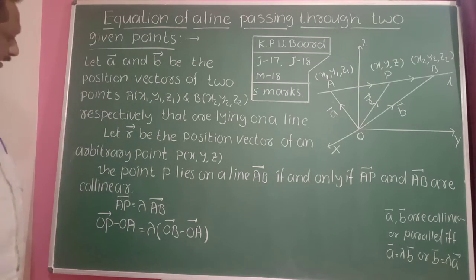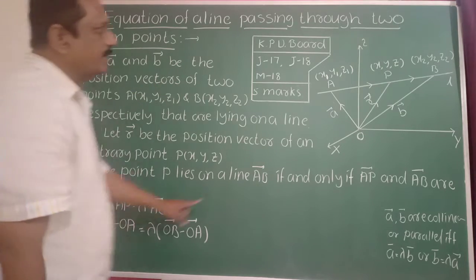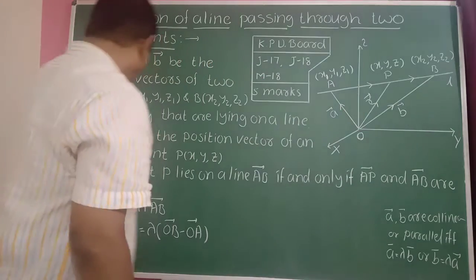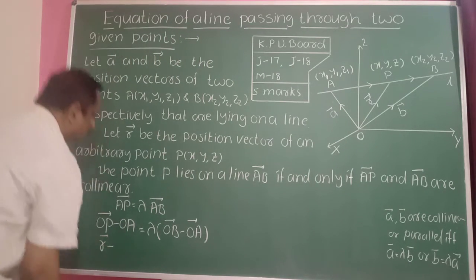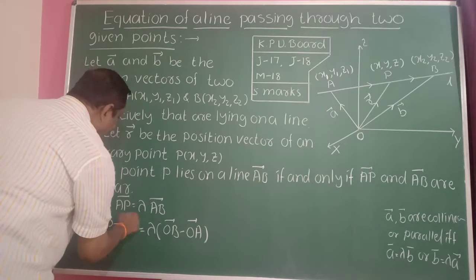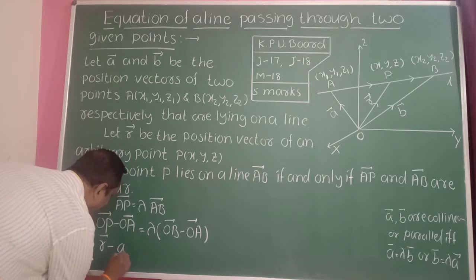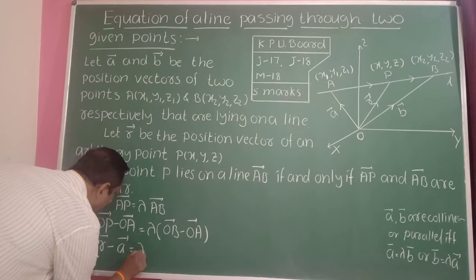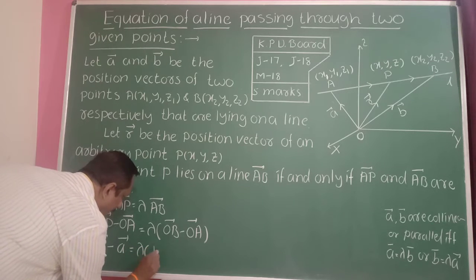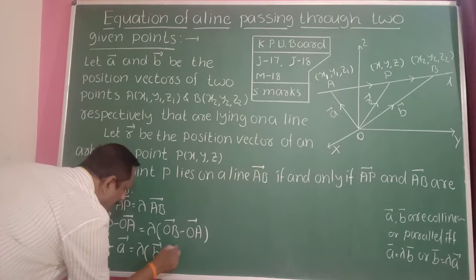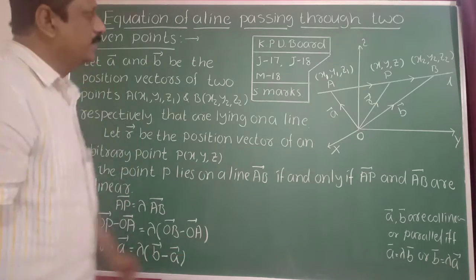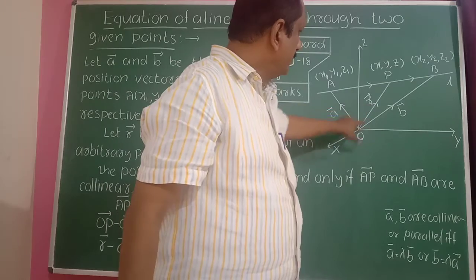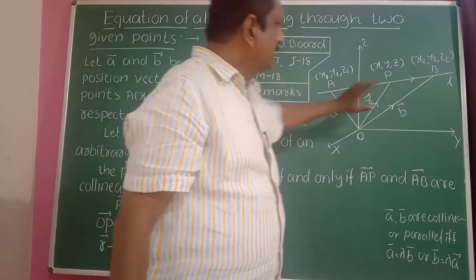From the diagram, just observe OP: OP is equal to R bar. So write here R bar minus OA, which is the vector A bar, equals lambda into OB, which is B bar, minus OA, which is A bar.